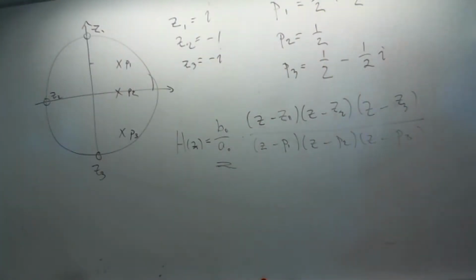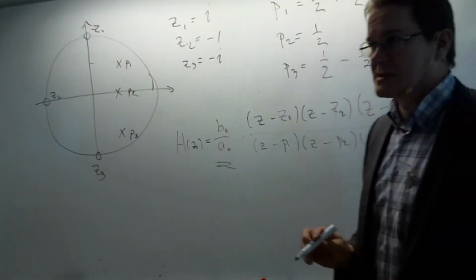That's the transfer function. And from that one, if we calculate the sum form, we will have bk times z to the minus k over ak times z to the minus k, and here we have some scaling factor c.